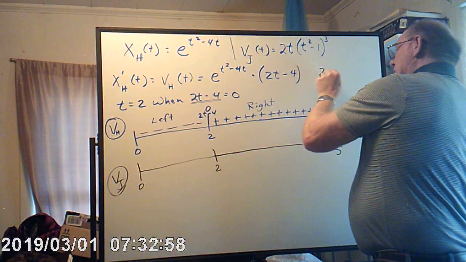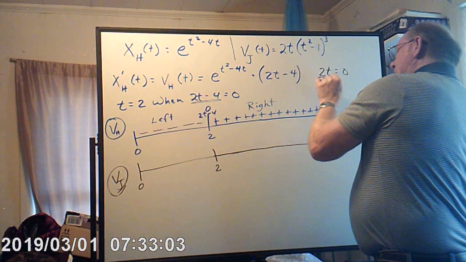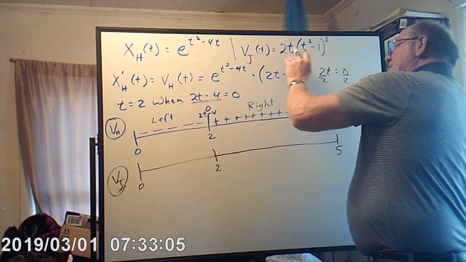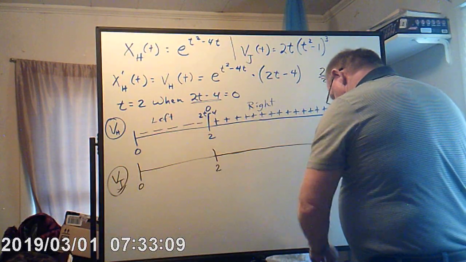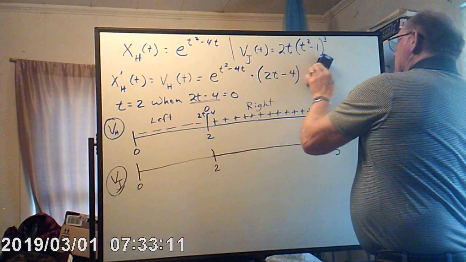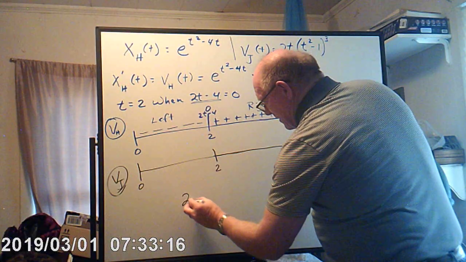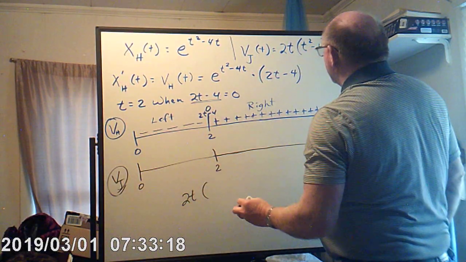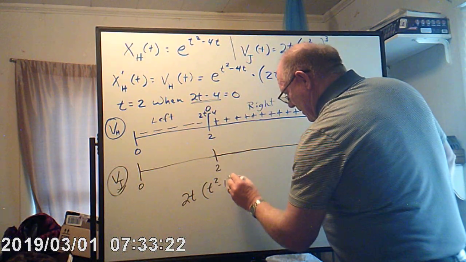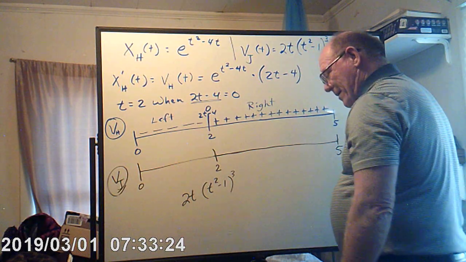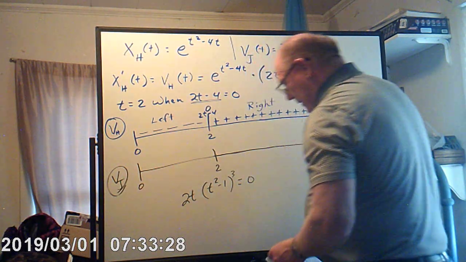Here's another thing. 2t. If 2t is equal to 0, then if we divide by 2, we're setting the factors equal to 0. Well, let me do it right. Okay, 2t times t squared minus 1 cubed is equal to 0.